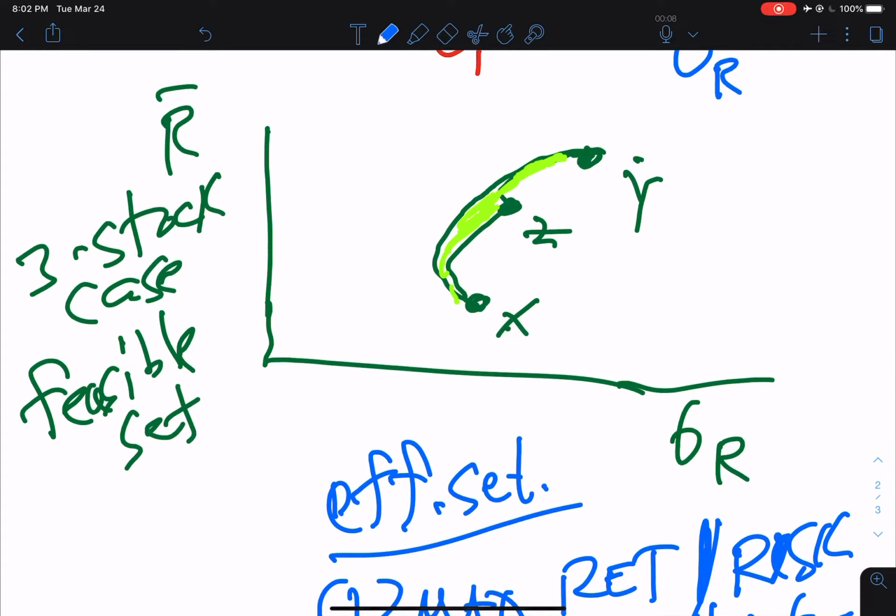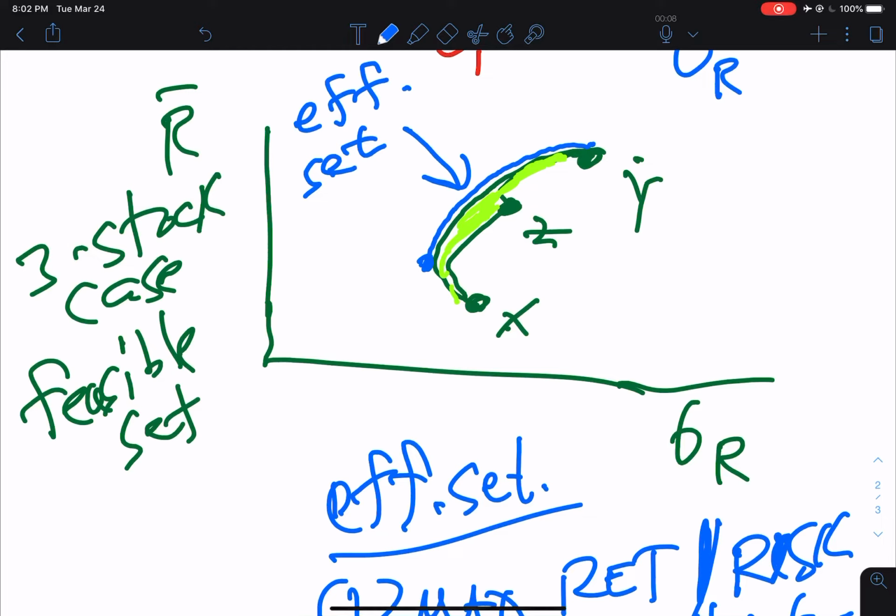done, the efficient set for this case starts with the minimum risk portfolio right there, and imagining this blue line I'm drawing is coincident with the dark green line up to Y. That blue line is the efficient set for this three stock case.